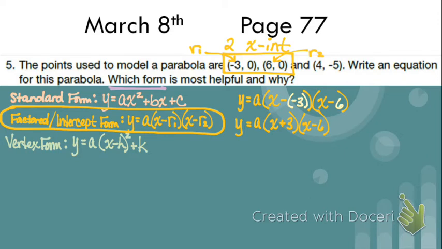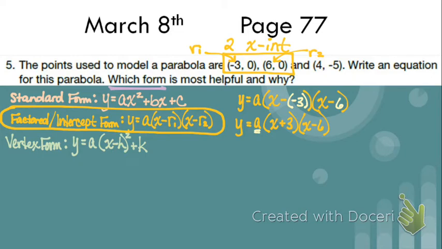Is that done enough that I could call that the equation of a full parabola? How many variables does it have in it right now? 3. I have x and y, which makes sense on an x and y axis, but then I've got this a value here.